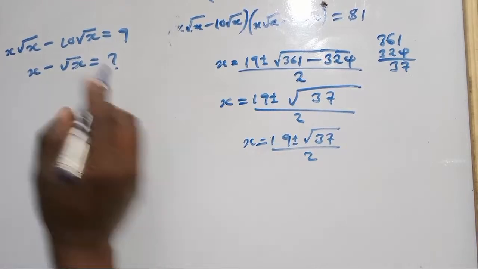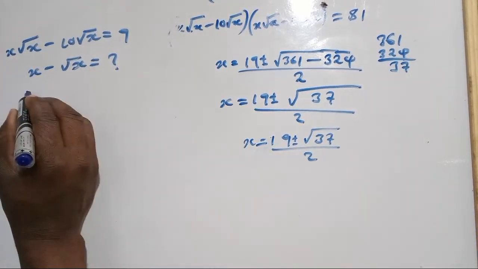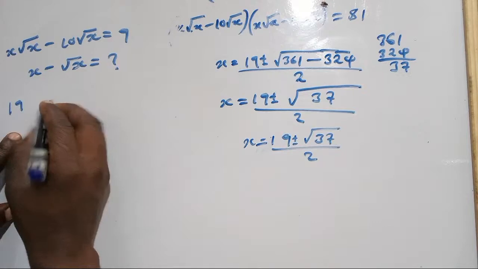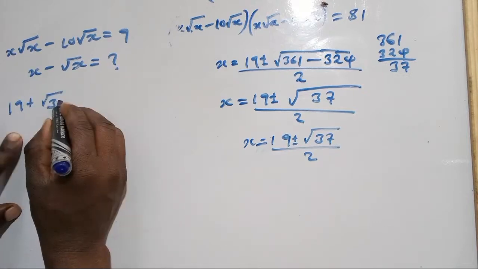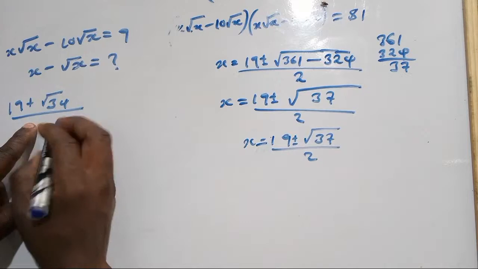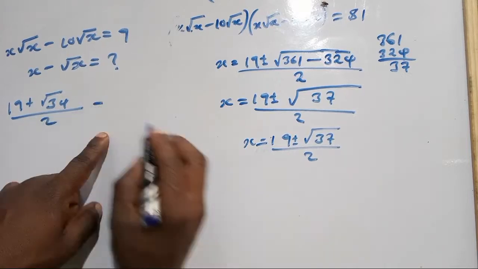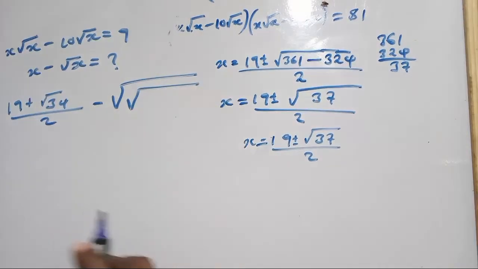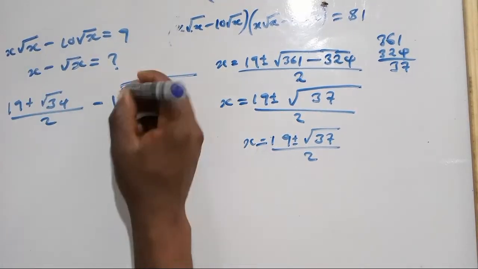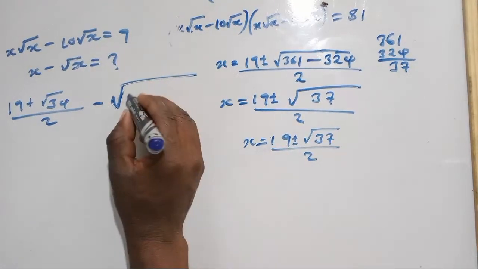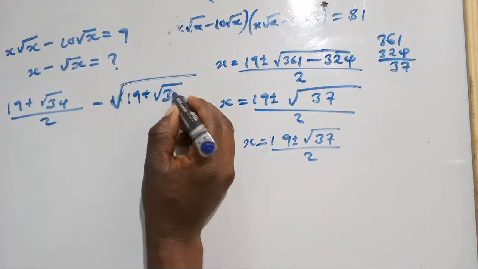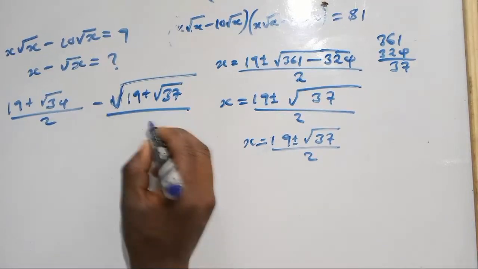So for the positive part, it will be 19 plus the root of 37 over 2, then minus the root of the first root, and this root which we have here, which is 19 plus root 37 over 2.